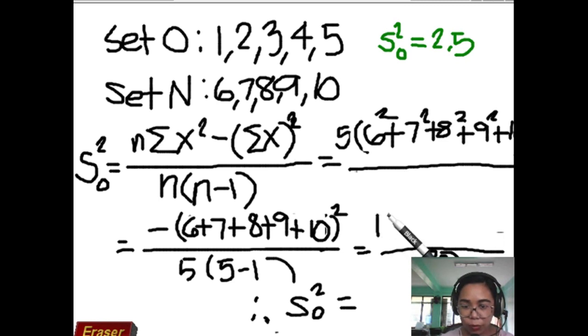So we'll write 1650. Then we subtract it with the square of the sum of the data set. So we have 1600.